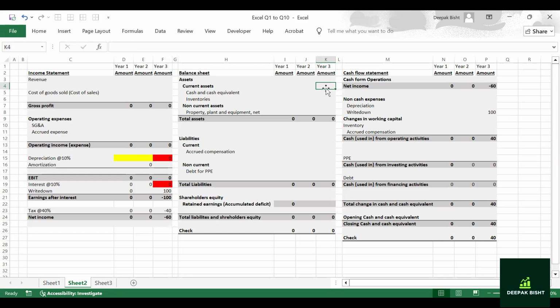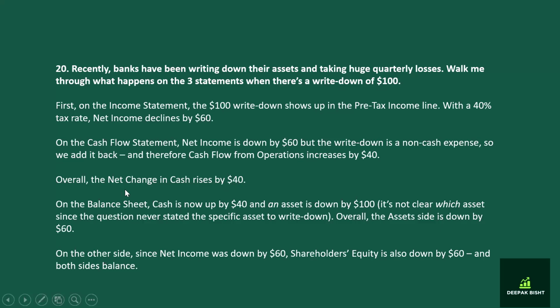And we actually have to link cash and cash equivalents here. This net income, we will have to link it here in the accumulated deficit. So there was a net change in cash, a rise of $40.